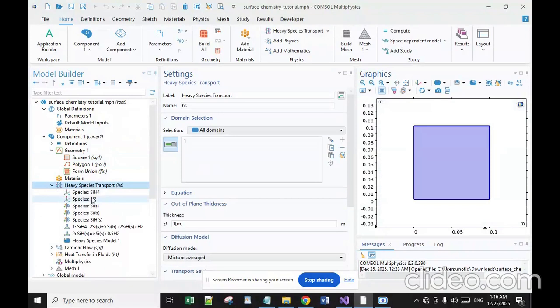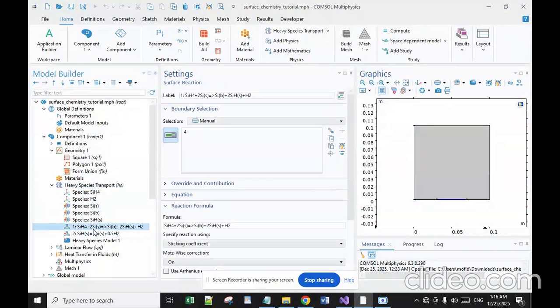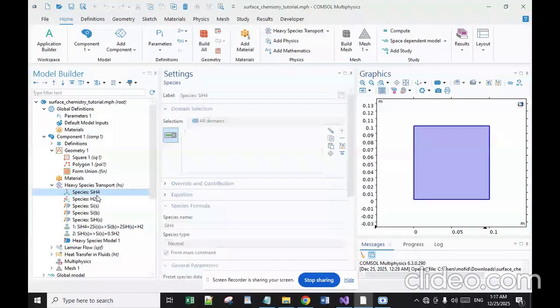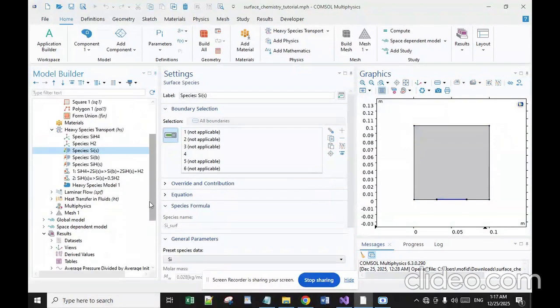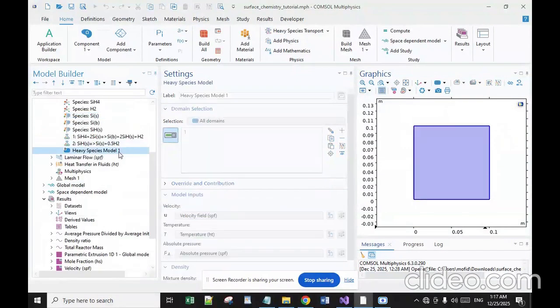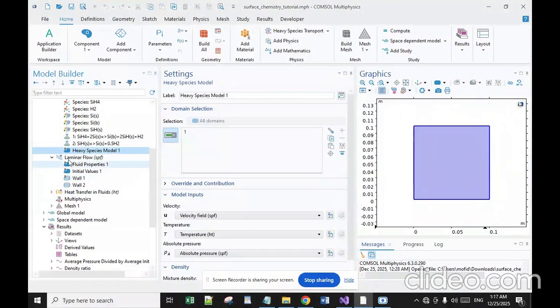And you can see that we have SiH4, hydrogen and silicon separately, and also after species we have a surface reaction, a species and surface species, and finally we have a heavy species model, and then we have used laminar flow with fluid properties.